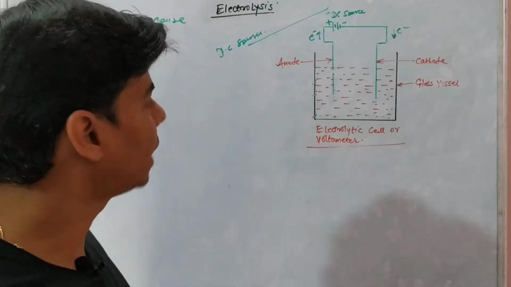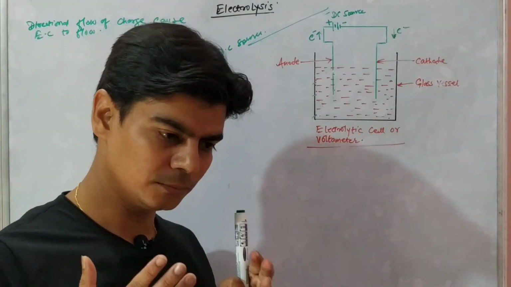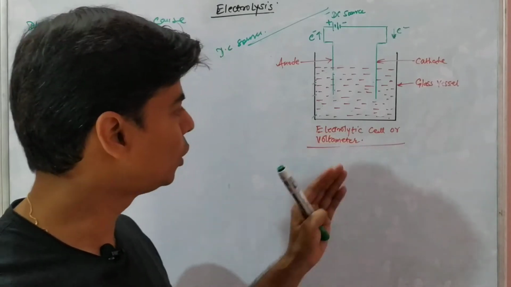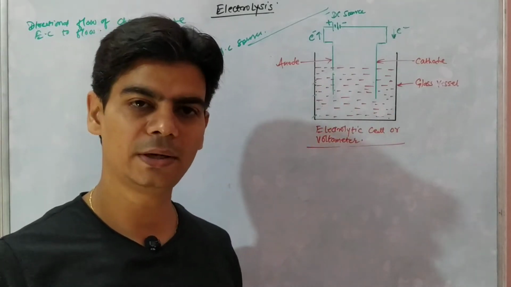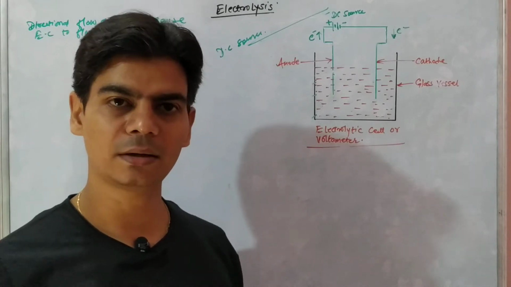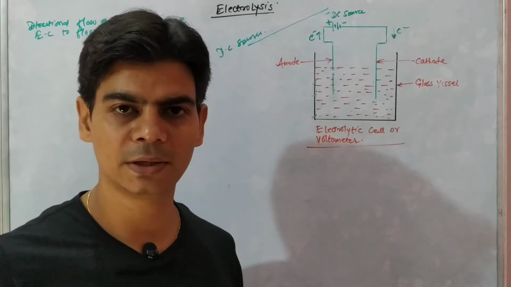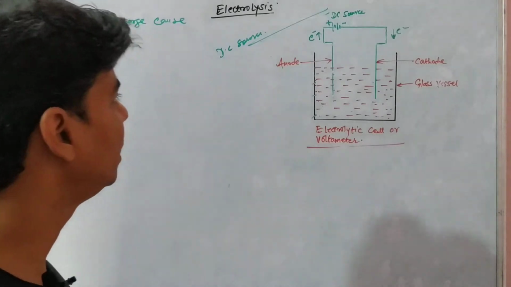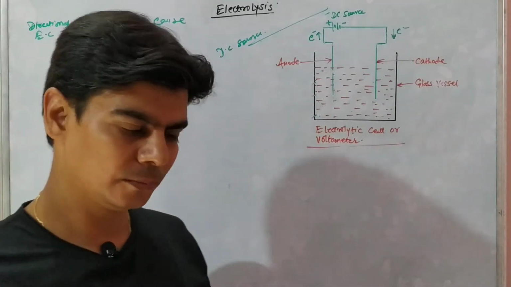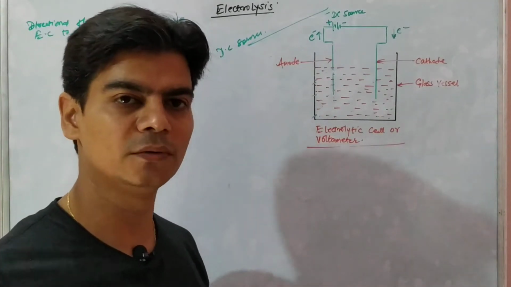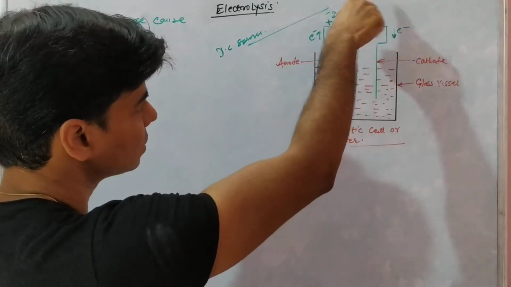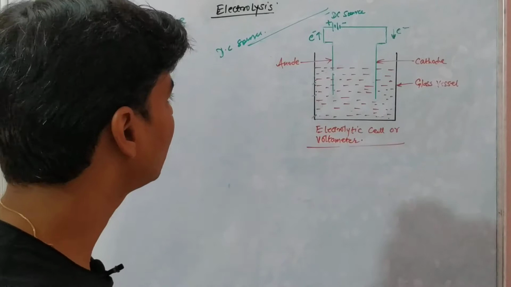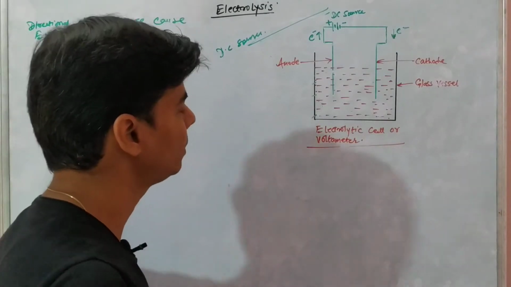We will always use direct current because alternating current would not let electrolysis continue. Why? Because in alternating current, in one phase we get current, in another phase we don't get current, right? So electrolysis won't continue, and in direct current we'll get current in both the phases, right? So this source of current would always be a direct current supply, right?